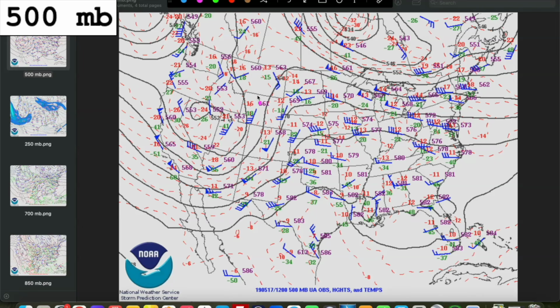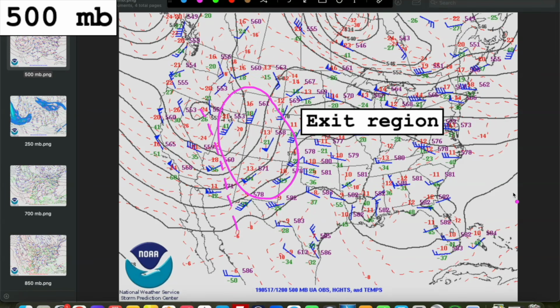If we were to draw an axis from the center of the trough through the base of the trough, so basically through the base of the ski jump, we would want to be on the right side of the axis. All this area over here on the right side of the axis is the exit region of the trough. And the exit region of the trough is the most favored area within the trough for upward motion, or lift.